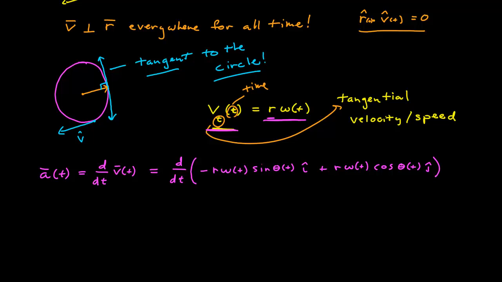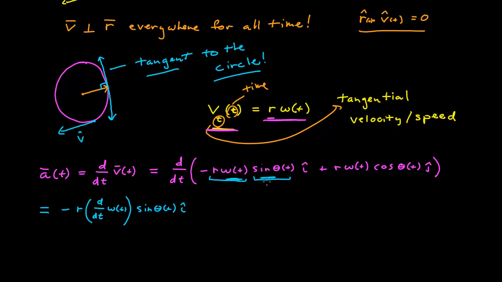Okay. Well, we'll just take it one step at a time. So first, I have two functions of time, so I'm going to use the product rule, differentiate this times the sine, and then differentiate sine times the omega function. So that gives us negative r times the derivative of omega t times sine theta, and I hat is just a constant, so it comes along with us.